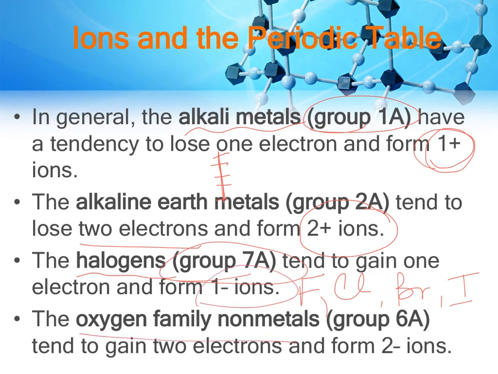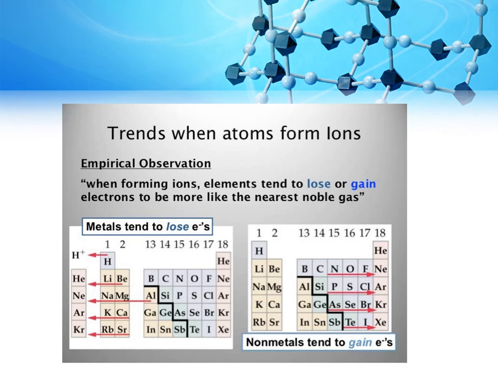And finally, the oxygen family, they never gave it a unique name, it's called the oxygen family. That starts with oxygen and then you go to sulfur and on down. Those all tend to gain 2 electrons, so they end up with a -2 charge. You will ultimately have to memorize the elements that give you the same charge over and over.